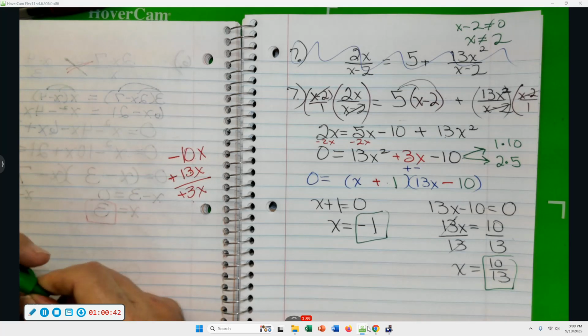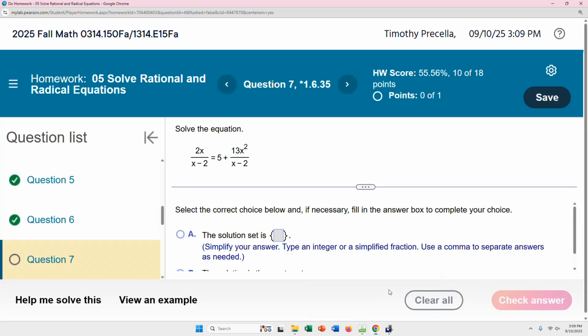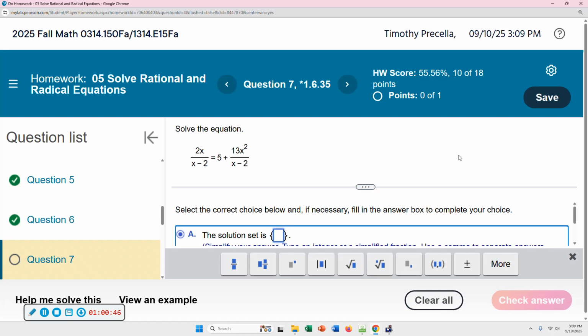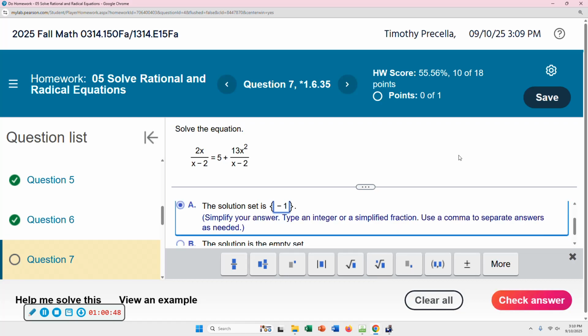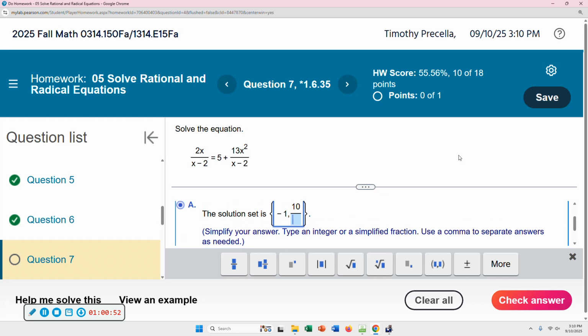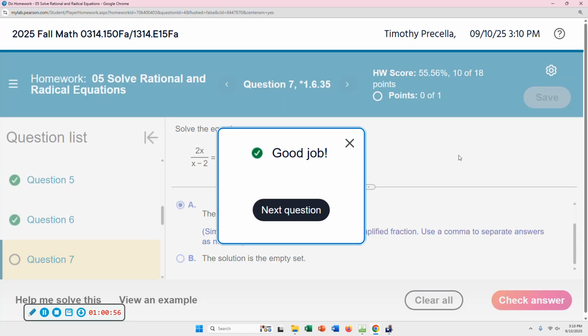So both of those numbers are acceptable. Typing them in: negative 1, comma, 10 over 13. Those are the rational equations.